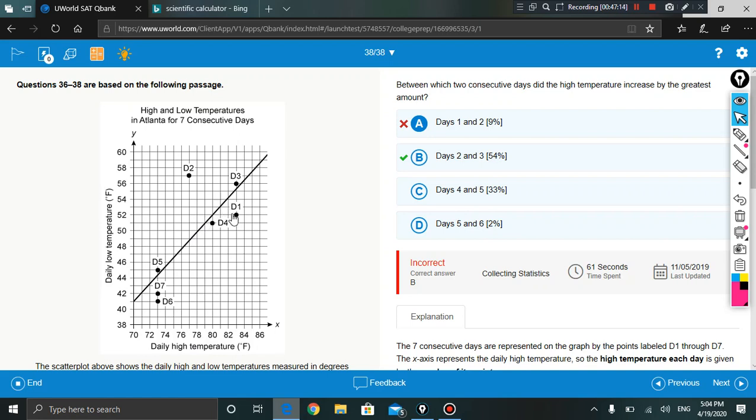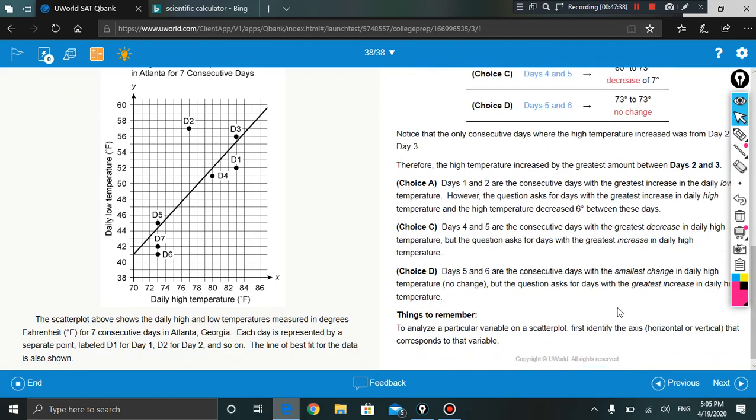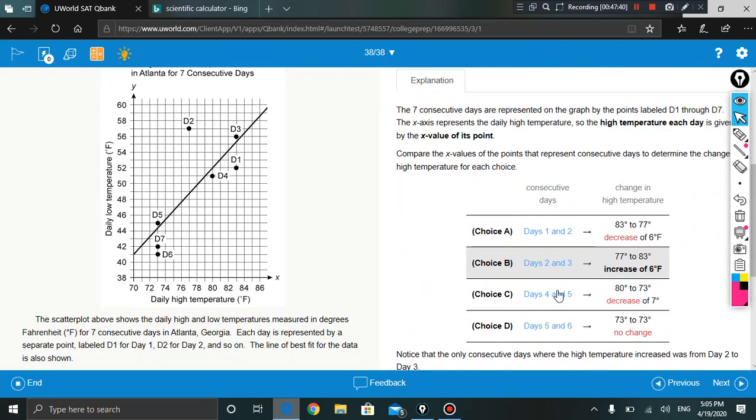Dude, this is absolutely stupid. 1, 2. I need a 3, 4. Oh, it's 2, 3 for first. 1 and 2, this is a decrease. 2, 3 is the only increase. Okay, 3, 4, that's a decrease. 4, 5, that's a decrease. 5, 6, it's the same. Oh my god, this is a silly mistake, but it's okay, guys. And this is how I lose marks in the SAT math.